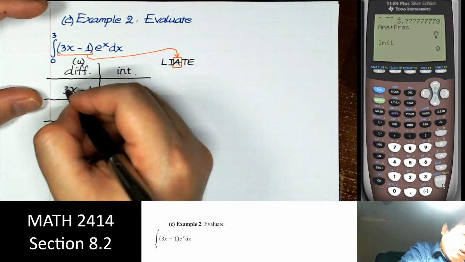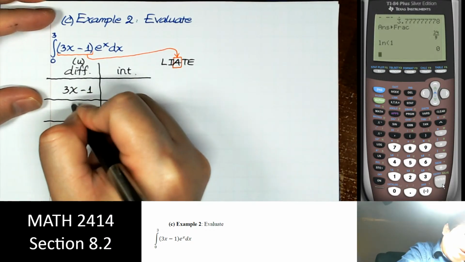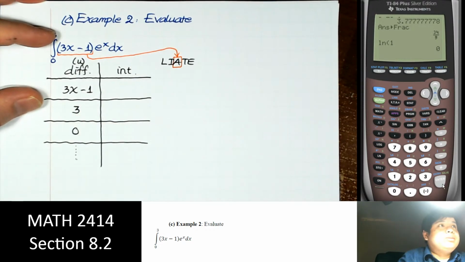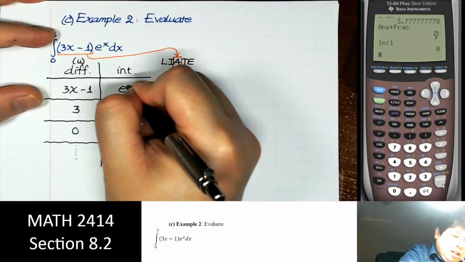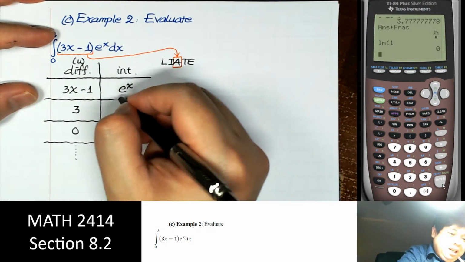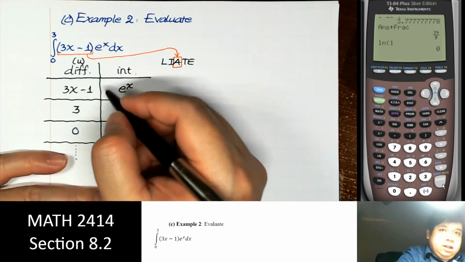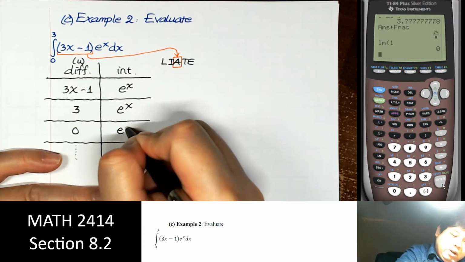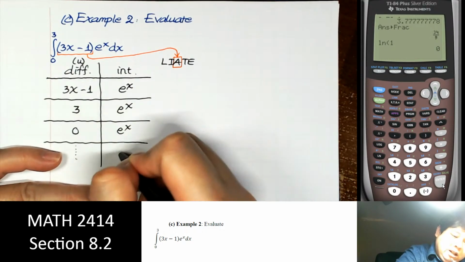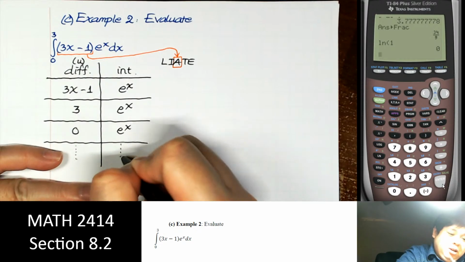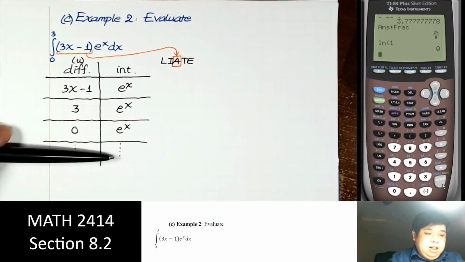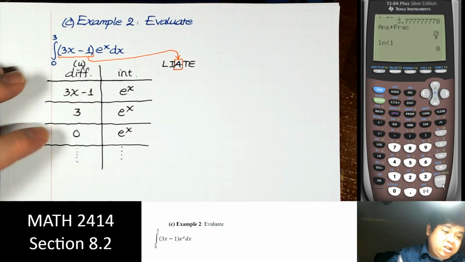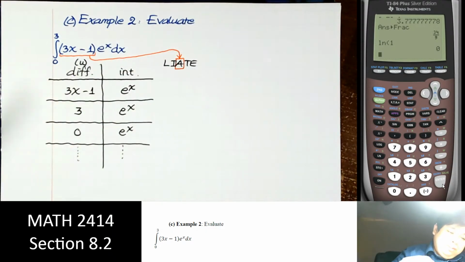So 3x minus 1, derivative 3, derivative of 3 is 0, and afterward integral of e to the x. Now that's easy. Integral of e to the x is e to the x, then e to the x, and after that doesn't matter because the derivative would be 0. So this one vanishes to 0.